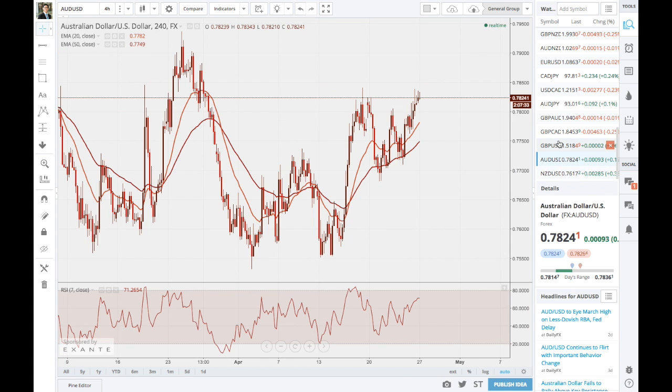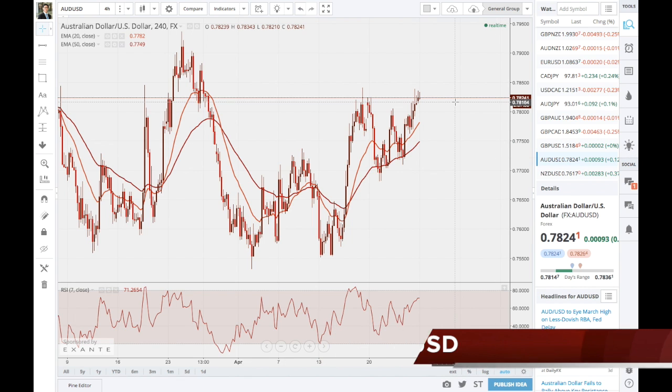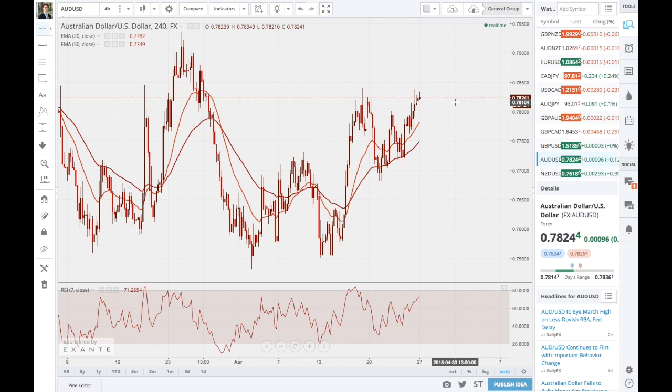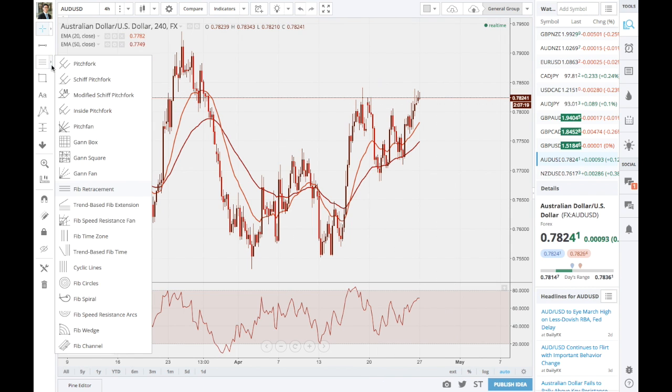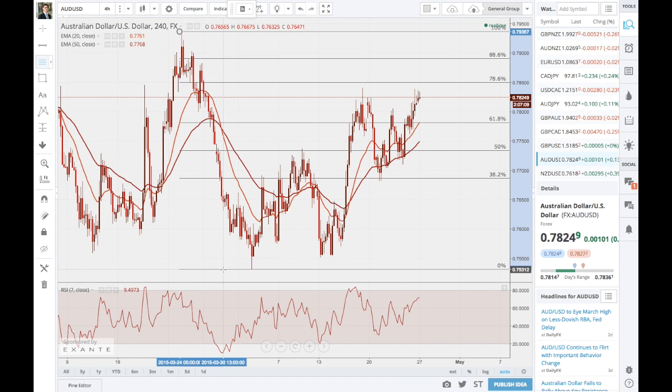Next we'll look at the Aussie dollar. What I'm looking at for this pair is that there are advanced patterns over here, not only one but two. The first one that I identified is a Bat pattern. If we pick from the latest swing high to the latest swing low, we can see that the retracement made of this swing is up to a 50% level.